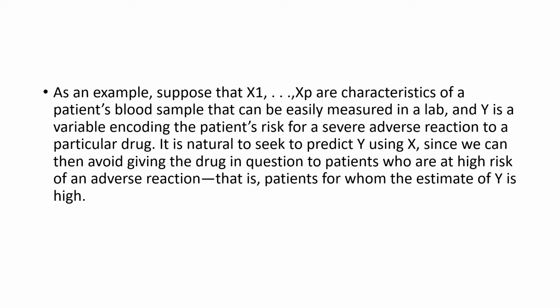It is natural to seek to predict Y using X, since we can then avoid giving the drug in question to patients who are at high risk of an adverse reaction, that is, patients for whom the estimate of Y is high.